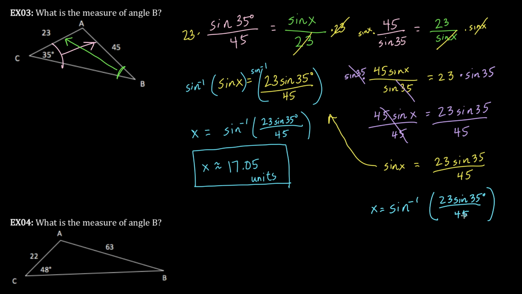And of course, I get the same approximate answer because that's the same thing. 17.05 is the angle. And I guess over here I should put angle B, we'll label as X, like that.